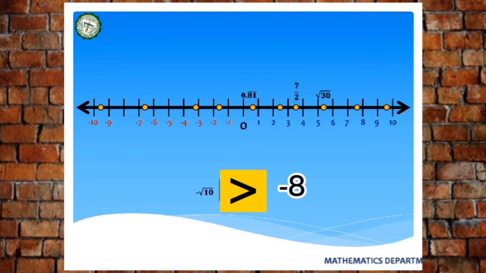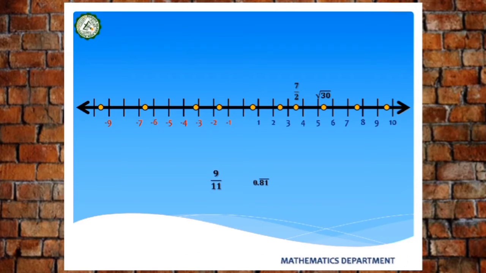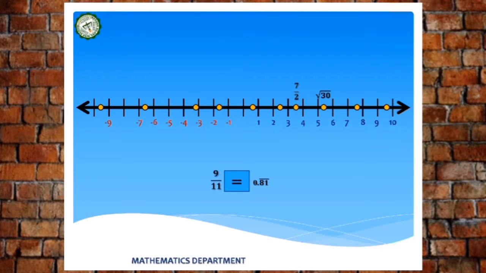It's greater than because the number on the right is always greater than the number on the left. Again, 0 is on the right side of negative 10, so therefore it's greater than. 9 over 11 and 0.81 with vinculum are equal.